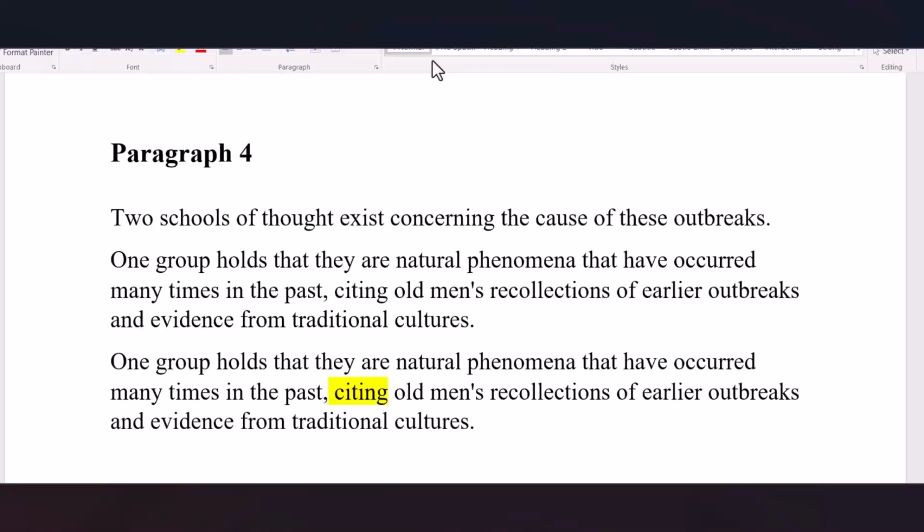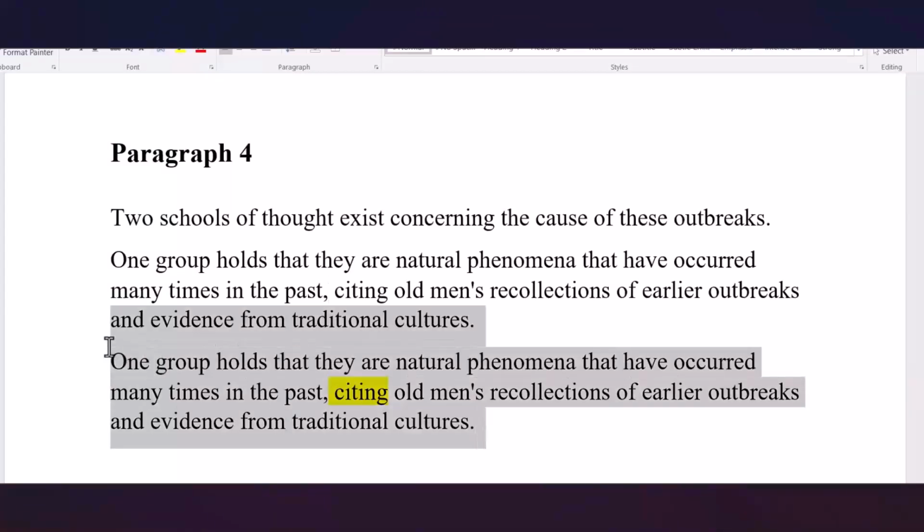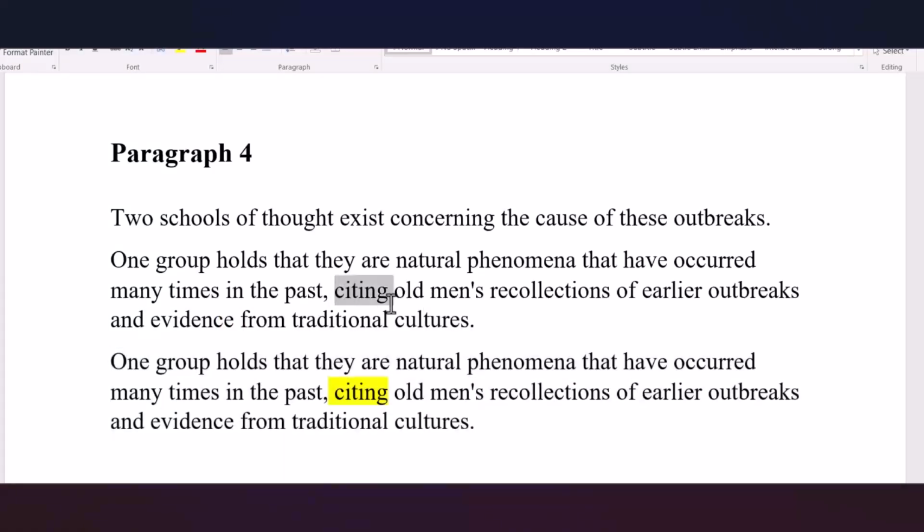But a crucial question: how can we distinguish merging two independent clauses, like what we just discussed here, from reduction? If this clause were a reduction, the word immediately mentioned before citing, or the whole clause mentioned before citing, must cite something.